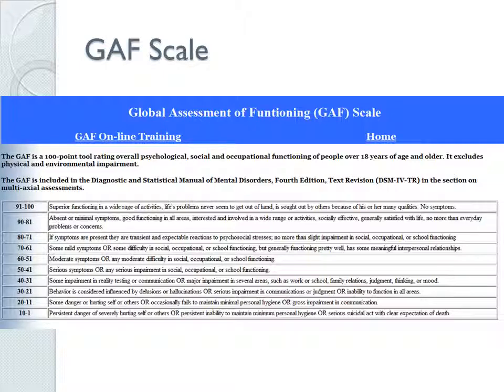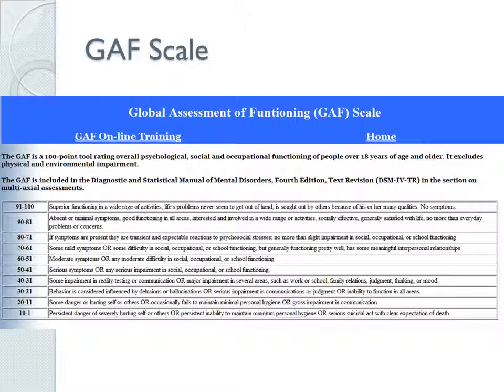Your client might start at, let's say, a 55, where they have moderate symptoms, moderate difficulty in social, occupational, or school functioning. Maybe this is a child who is truant on occasion from school. And if you work with this child over time, hopefully you can get that child up to an 80 or maybe even an 85. Wouldn't that be fantastic?